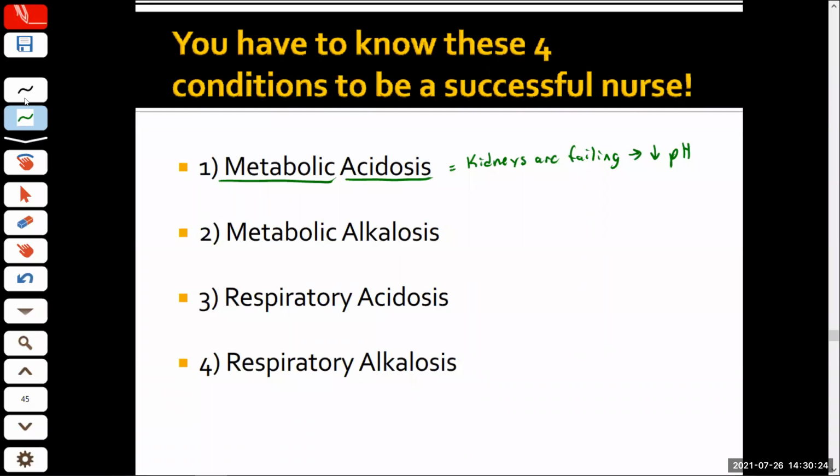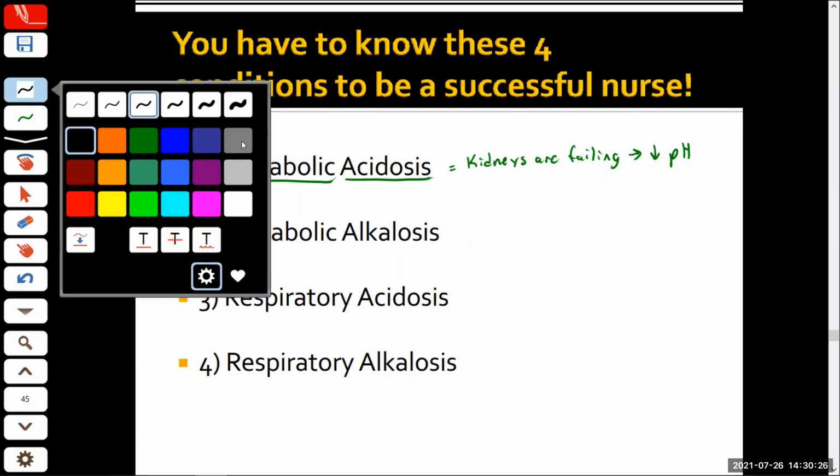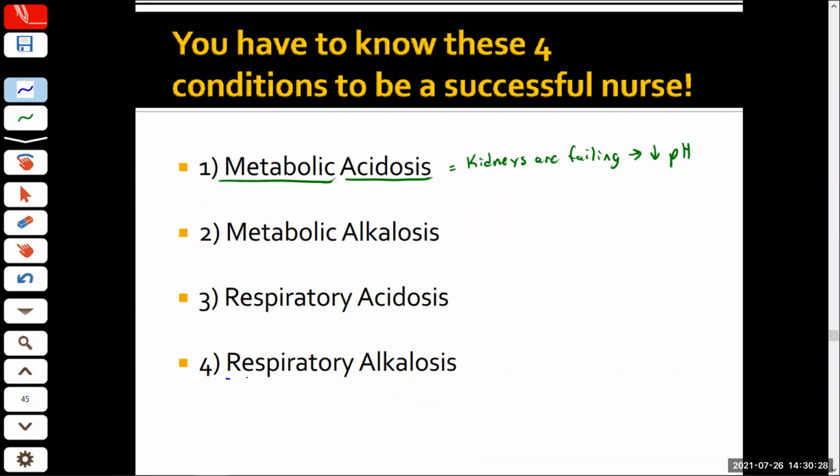Now flipping that, if we do respiratory, let's say respiratory alkalosis, somebody translate that for me. Lungs are failing, leading to a rise in pH. Do I need to do the two in the middle? Are we testing on it? Oh, yes.